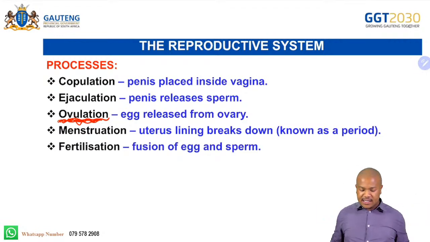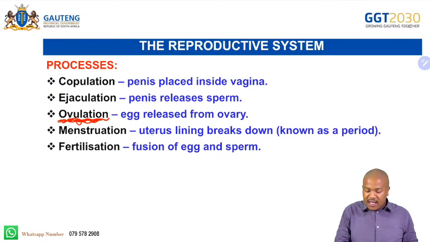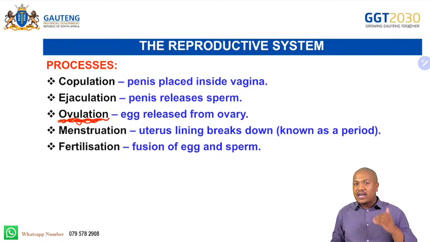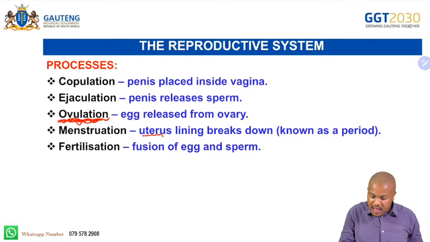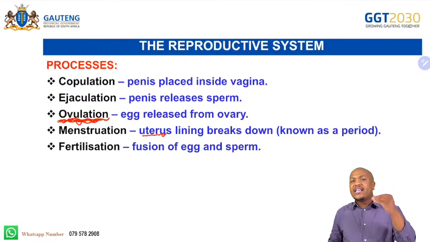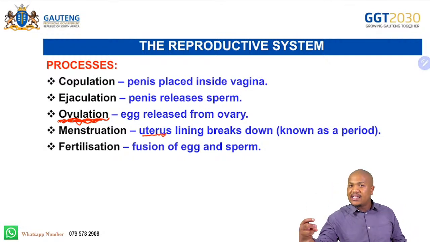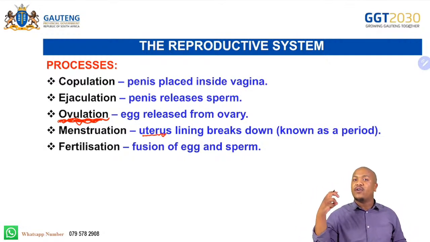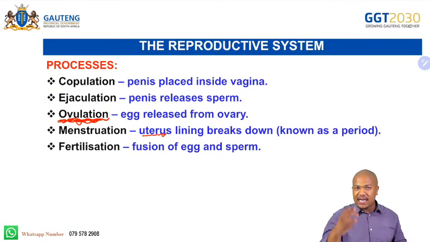So where's the difference? Menstruation, remember, is when the uterus lining breaks down, the breaking down of the lining of the uterus inside a female reproductive system. Menstruation takes place if the egg cell that was released from the ovaries into the fallopian tubes is not fertilized, right?